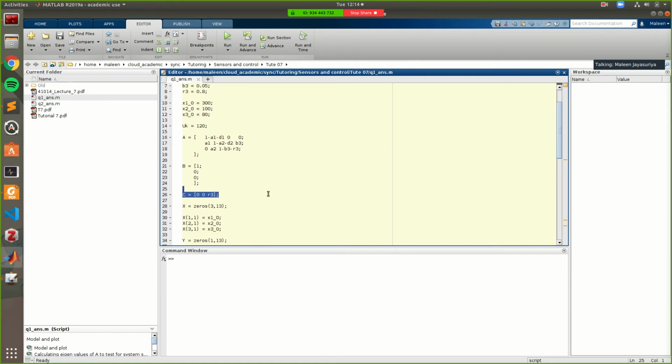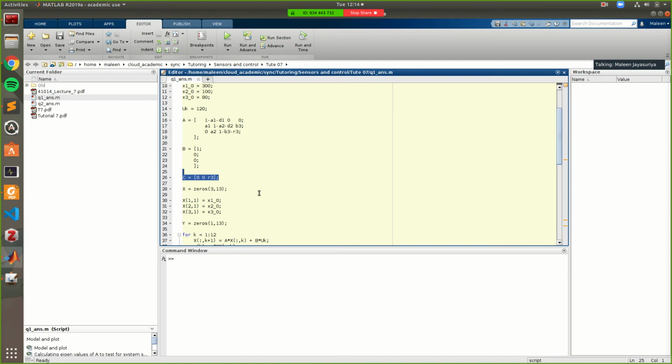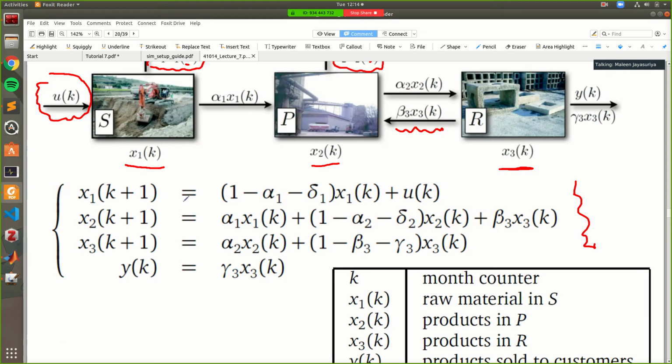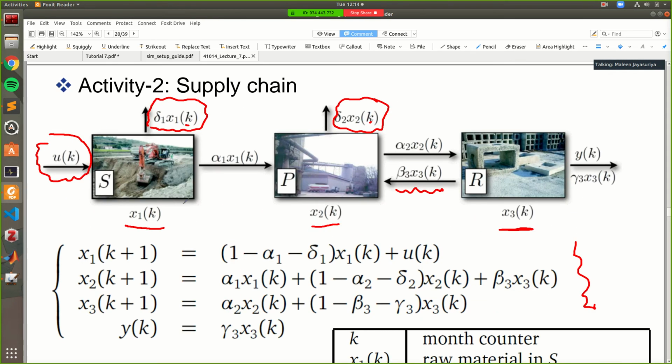So what we're going to do is, we have our states changing from month to month, right? And essentially what we want to do is, as the months go by, we want to see how x1k, x2k, and x3k are changing. So essentially we're looking at this open loop system, right?